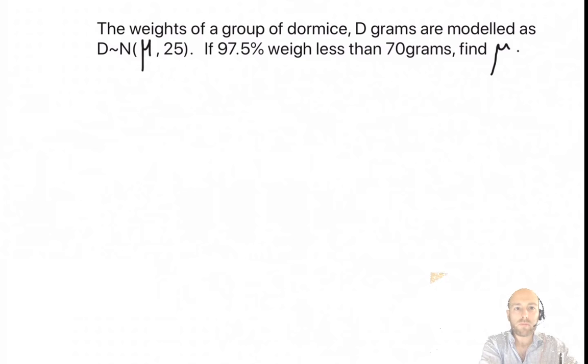Okay, so we've got the weights of a group of dormice, D, modelled by that normal distribution. And we're told 97.5% weigh less than 70 grams, find the mean. So let's do a sketch.